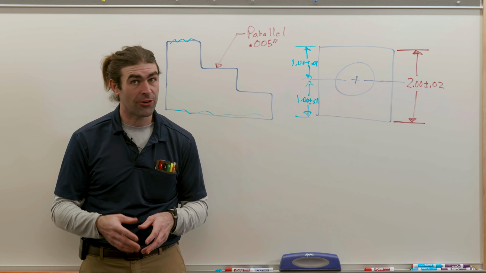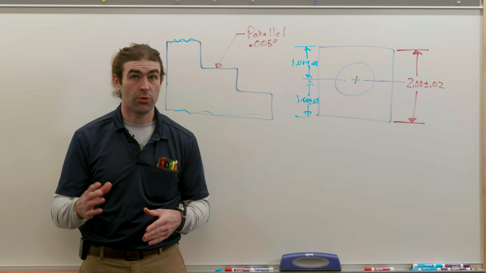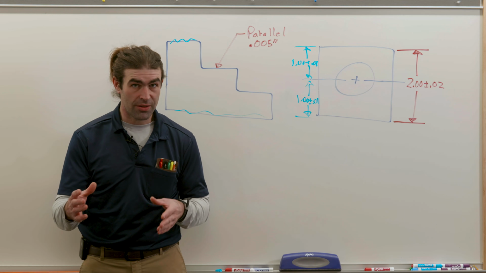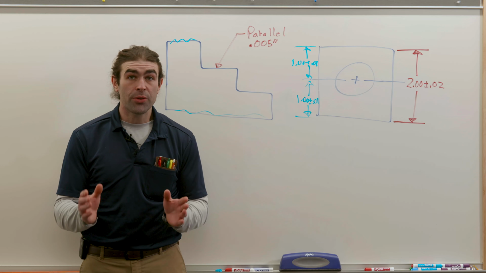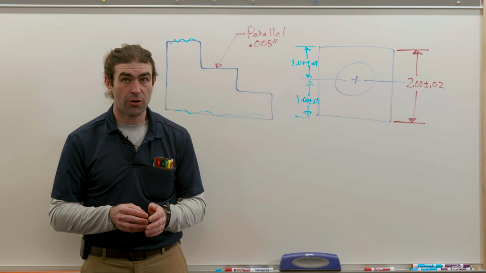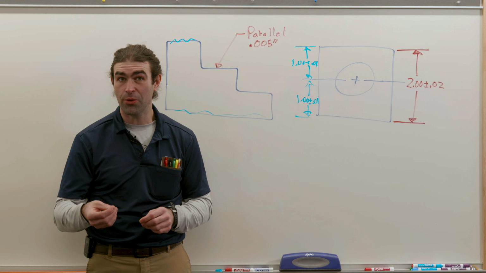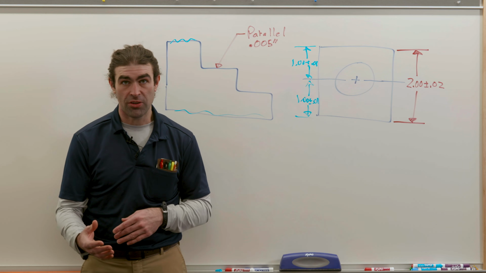Think about if you ever took an English class and you're reading an essay, your teacher expects you to interpret it, but they know every student isn't going to interpret it the exact same way. So notes should be as short as possible. That reduces the room for interpretation. But if we can use symbols instead, we further reduce the room for interpretation.